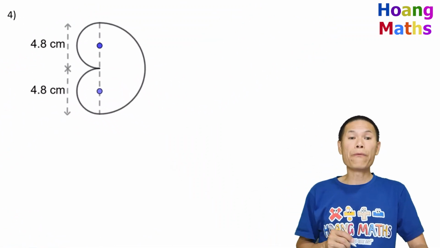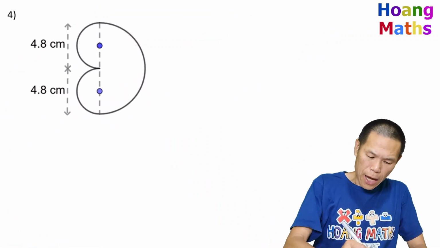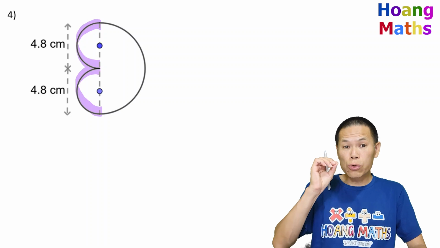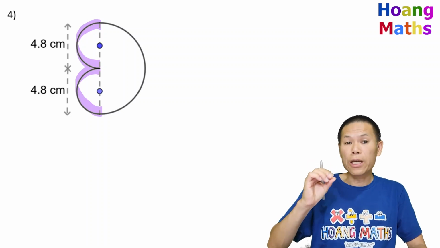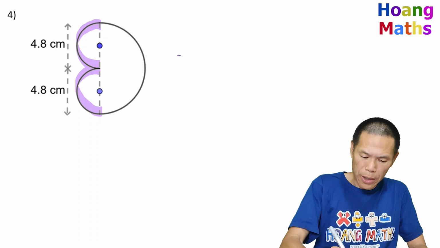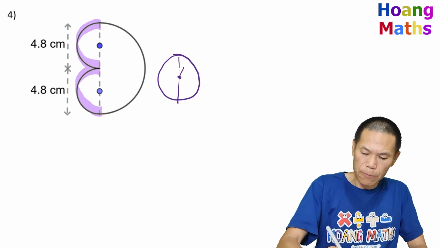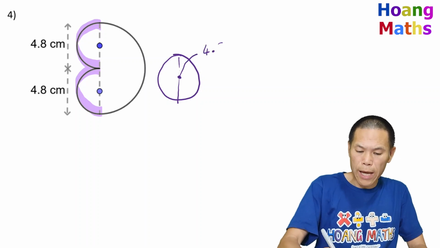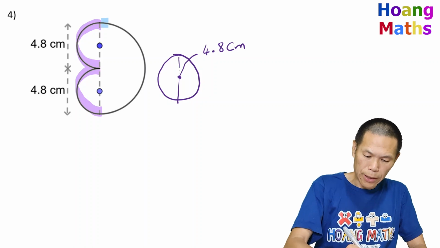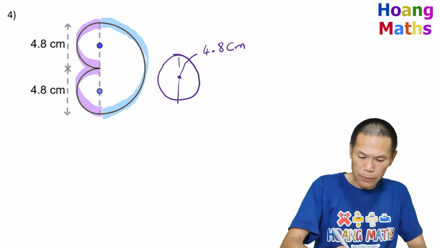Now, question number 4. We have half of circle here and another half of circle. So these 2 half circles combined give us a full circle. Let me just draw it out. So we have a full circle with a diameter of 4.8 centimeters. And then we have this half of circle.